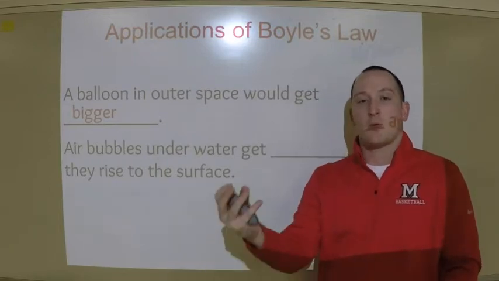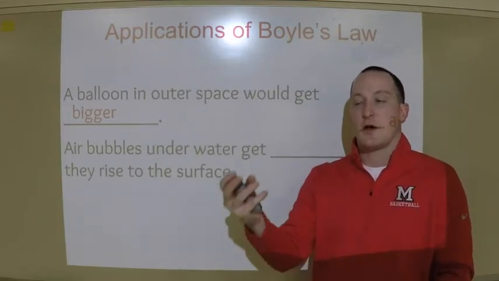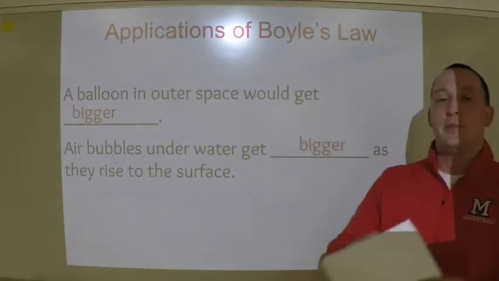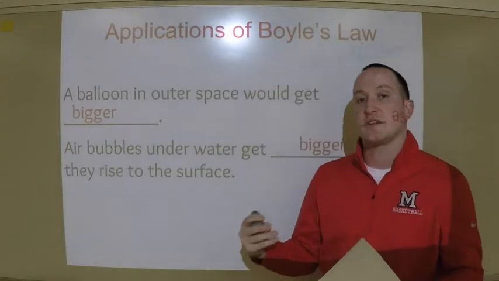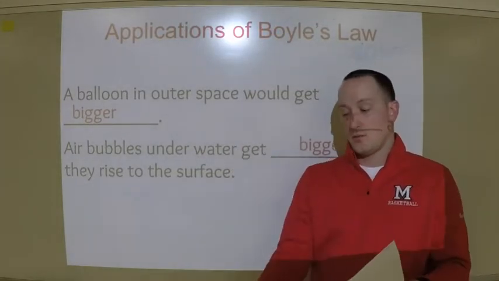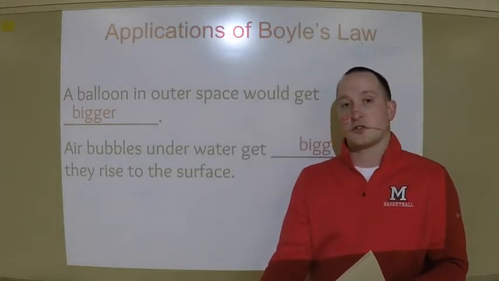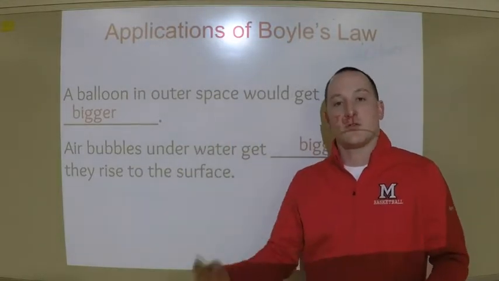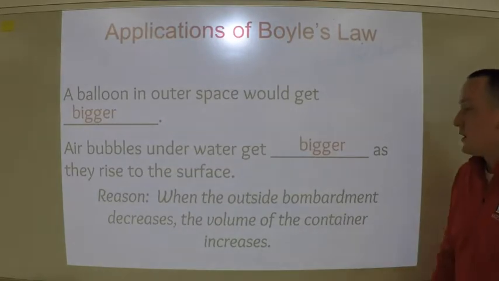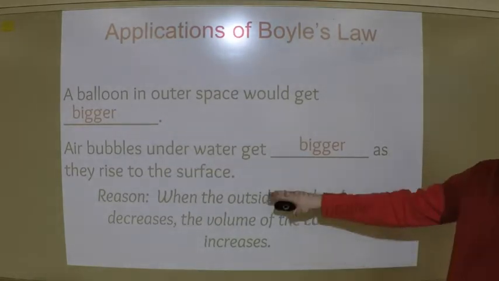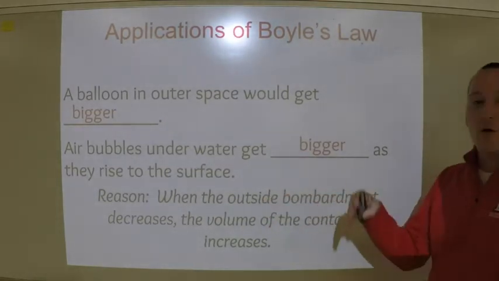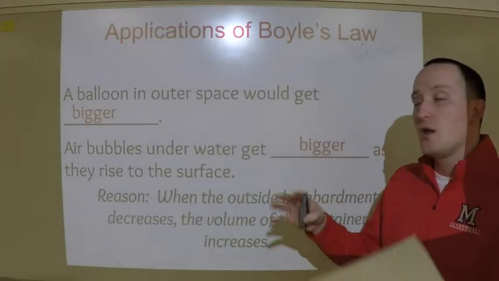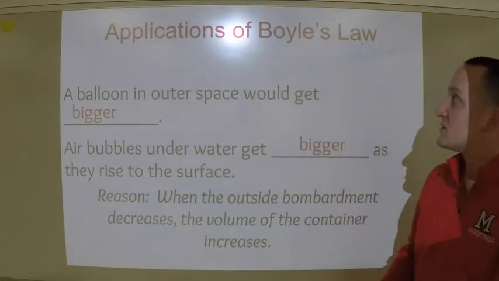So as an air bubble rises to the surface, it gets bigger. The bubble started down low where the pressure was greater. As it rises up, it's able to get bigger because there's less pressure on it. So the reason for a lot of these things is that when there are less collisions from the outside, the volume of a substance is able to increase.